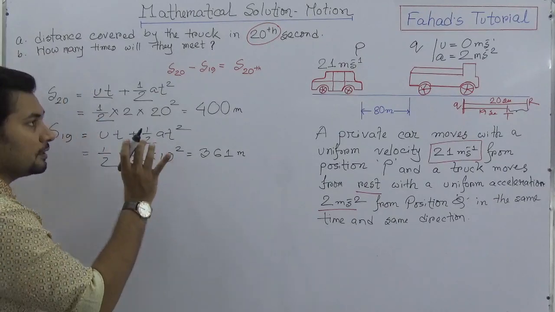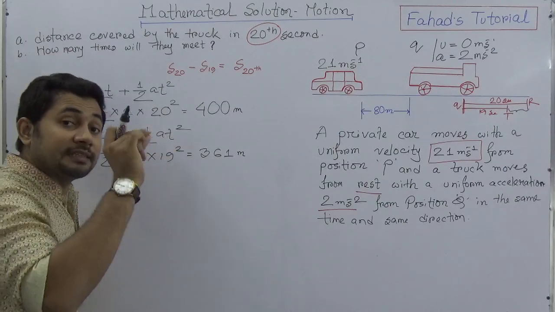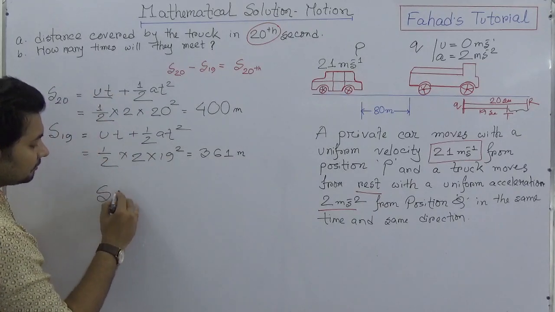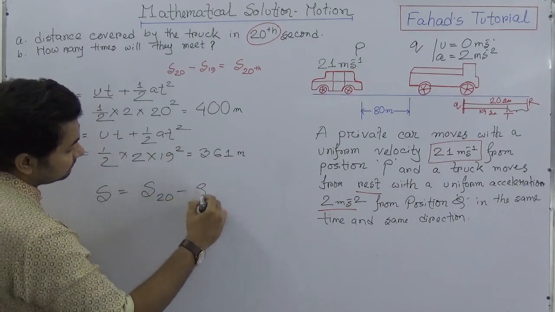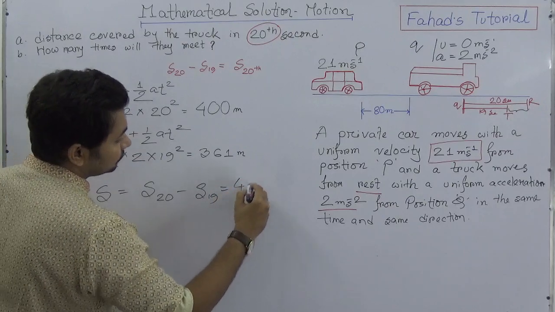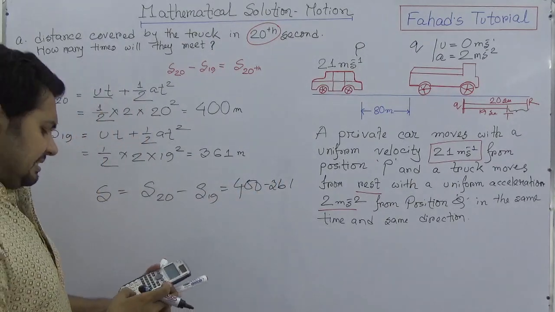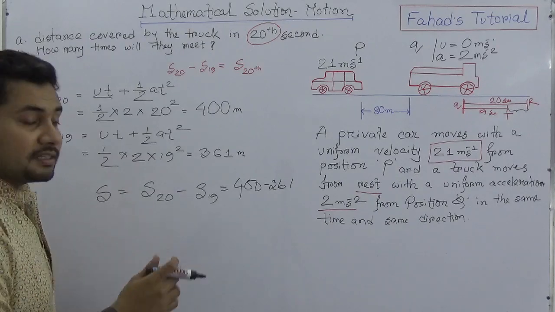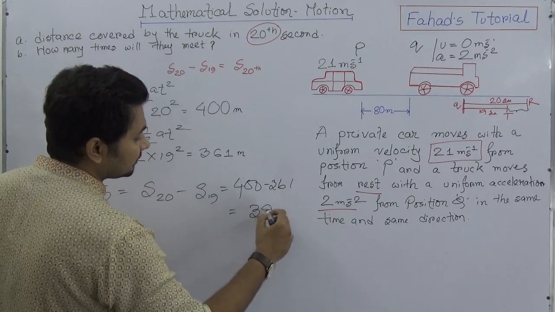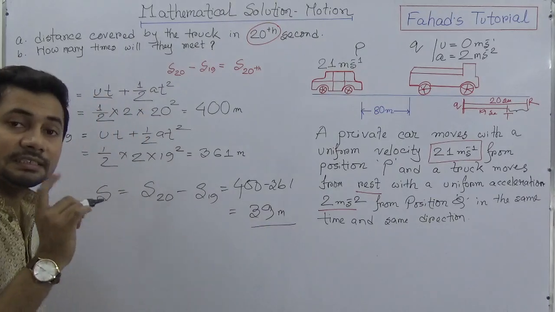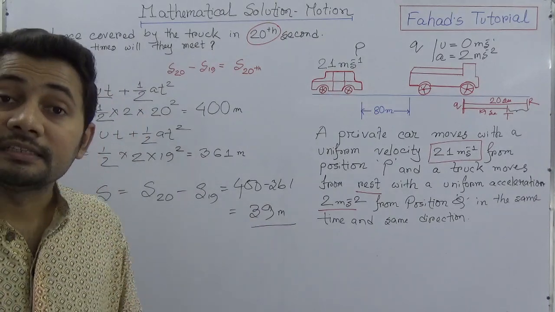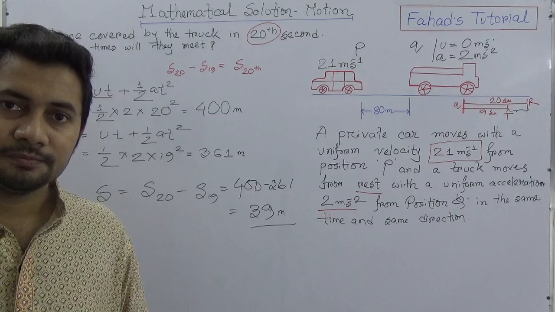Now if we want to find the distance covered by the truck in that 1 second, this is S20 minus S19. So 400 minus 361 would be 39 meters. So this is the distance covered by the truck in that 1 second.